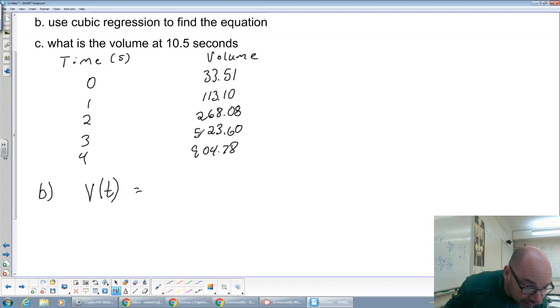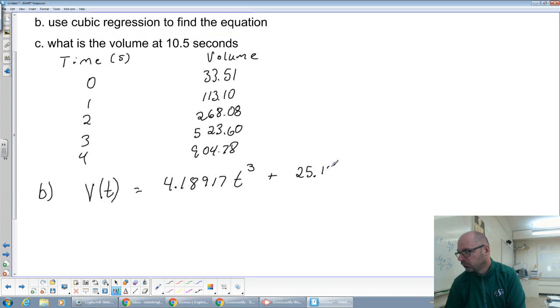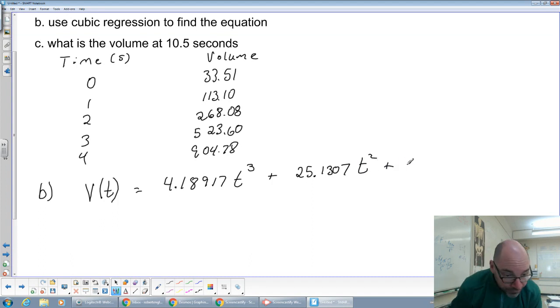So I'm going to put the a down first. A is 4.18917 T cubed plus b, which is 25.1307 T squared plus c, which is 50.2565, I think.